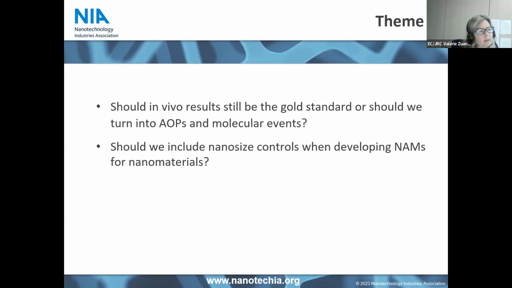Can I maybe add, from my experience, with the test methods that are submitted to us, we very often notice that the test submitter doesn't really know how to use the method in a regulatory context, and they really need advice from regulators.